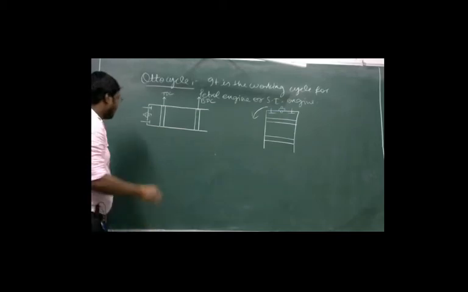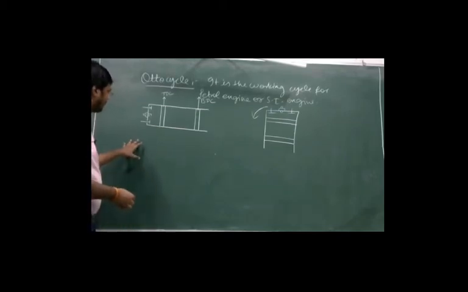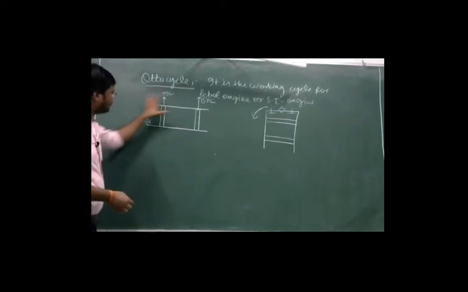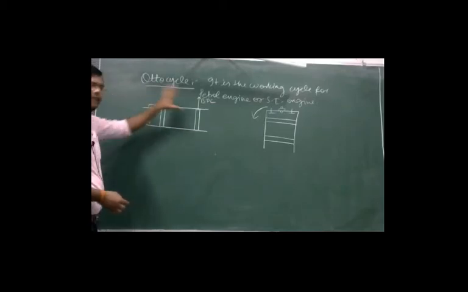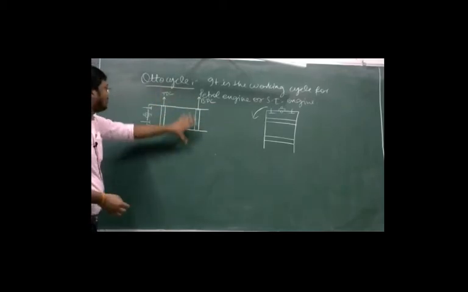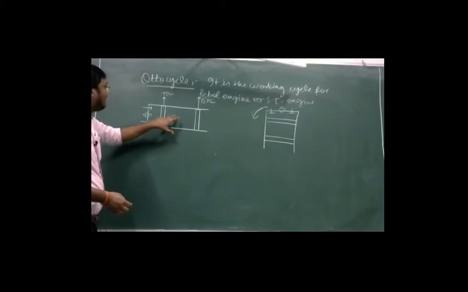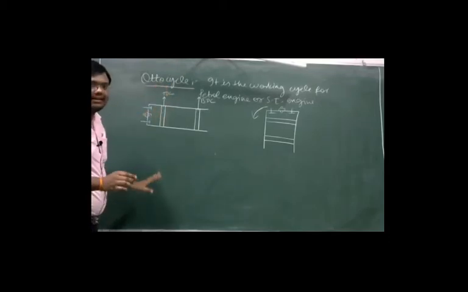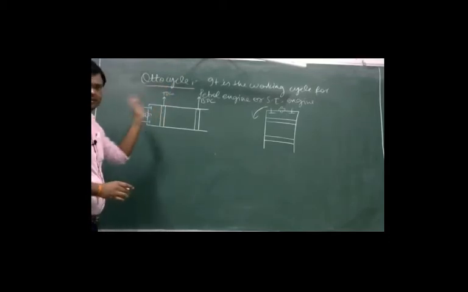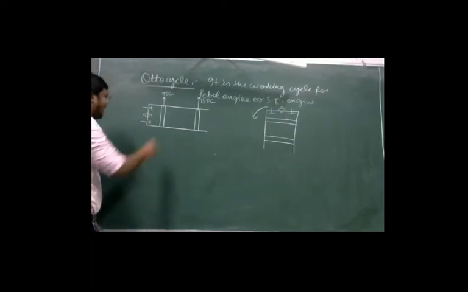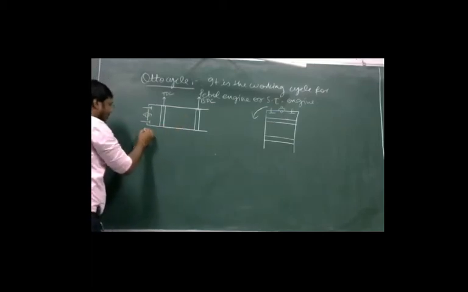So by using this structure, by using this working principle, we can draw the Otto cycle on a PV diagram, pressure versus volume axis diagram. So I am drawing here the PV diagram.